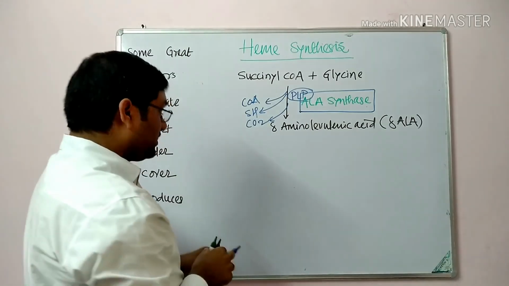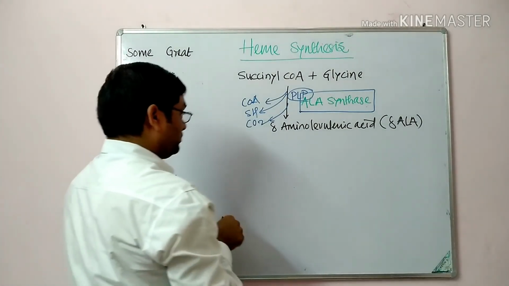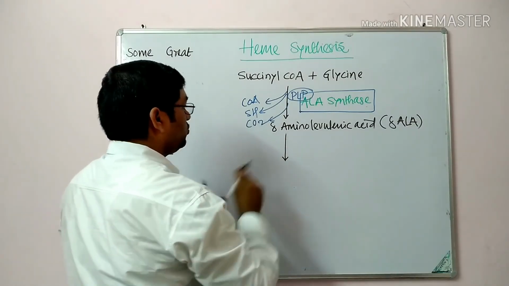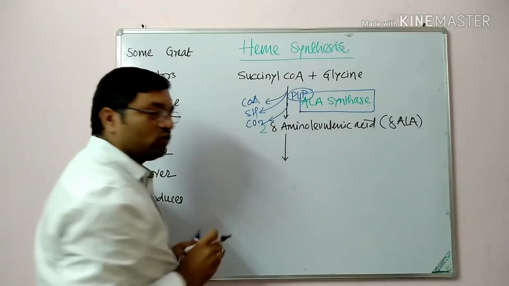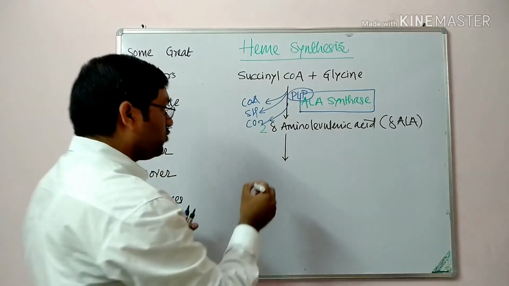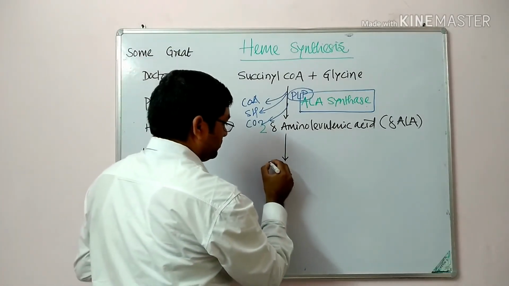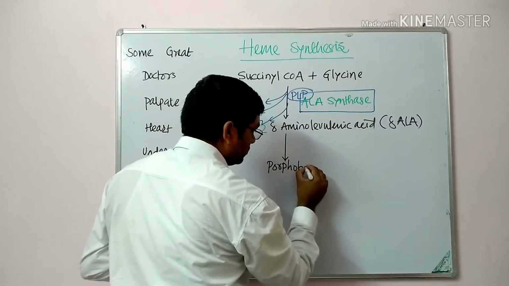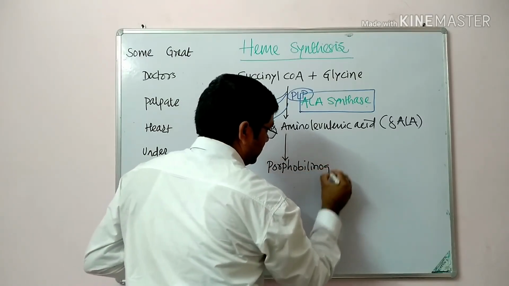Now coming to the next step, in which 2 molecules of delta aminolevulinic acid condense to form porphobilinogen.